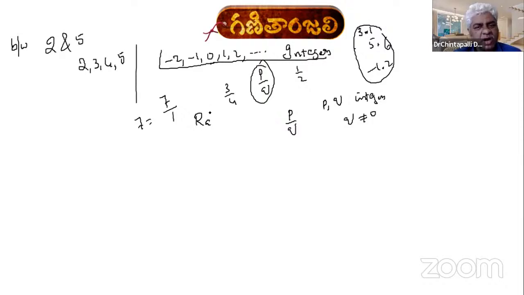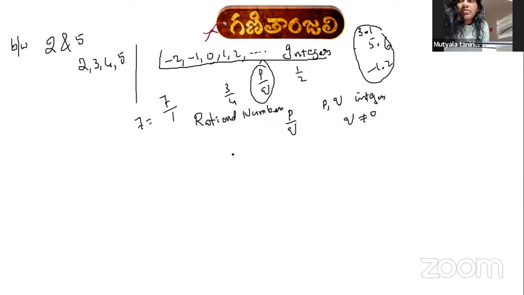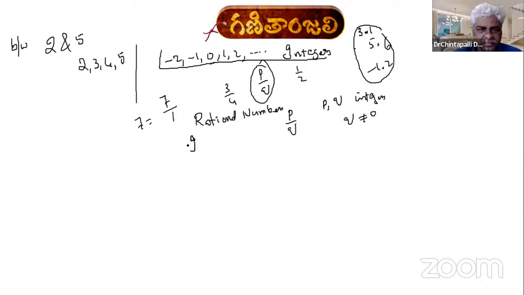You know what is opposite to rational number? The antonym of rational number? Irrational number. What are irrational numbers?